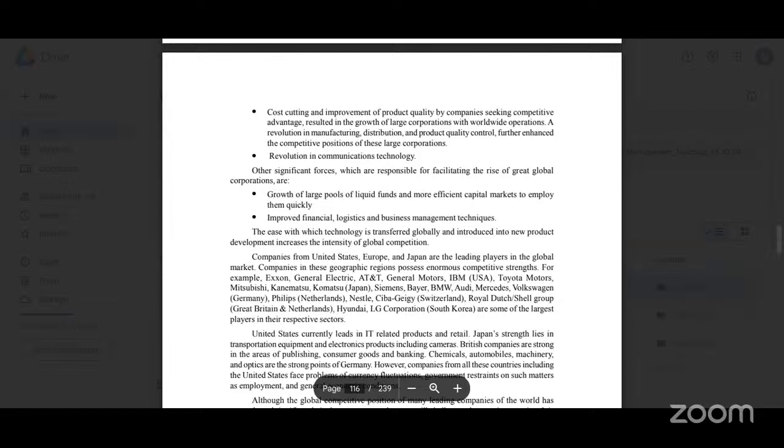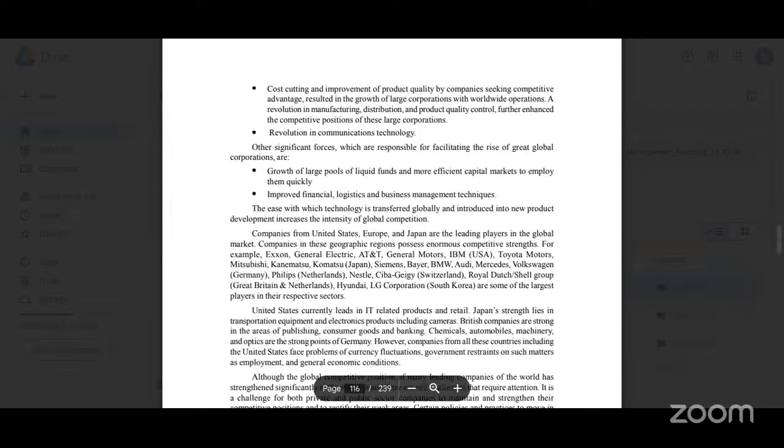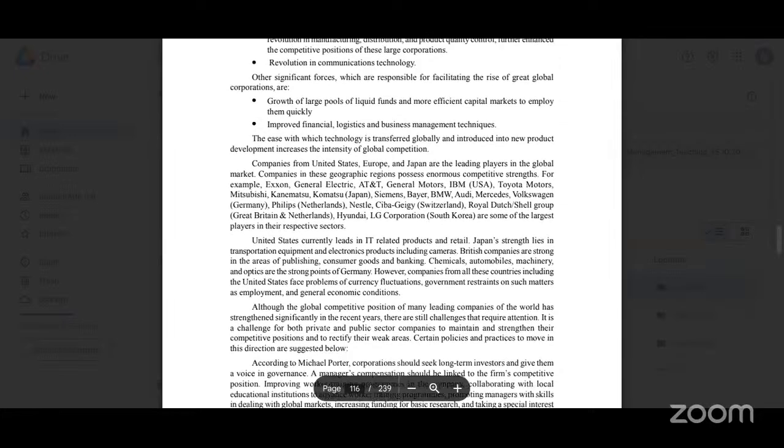The other significant forces which are responsible for facilitating the rise of great global corporations are growth of large pools of liquid funds and more efficient capital markets to employ them quickly. Second is improved financial, logistics, and business management techniques.